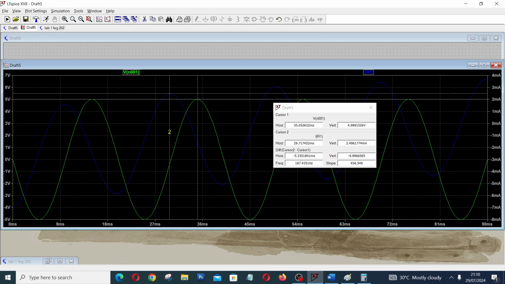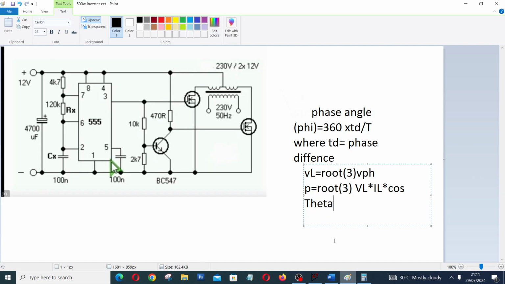I'm getting 2.5, I think 2.5 something is the highest I can get here. So this is the peak of this, and this is the peak of this. So the cursor difference is 5.2354 milliseconds.